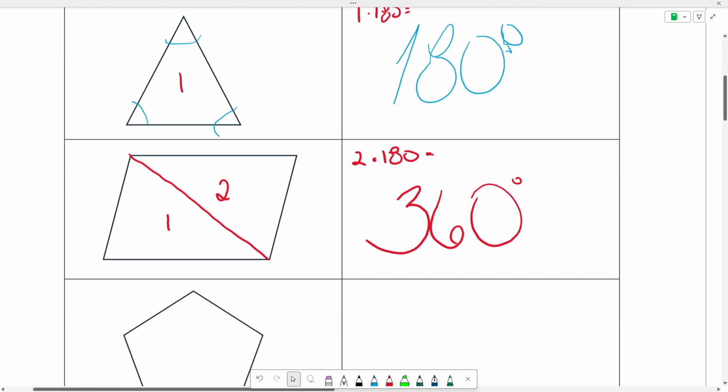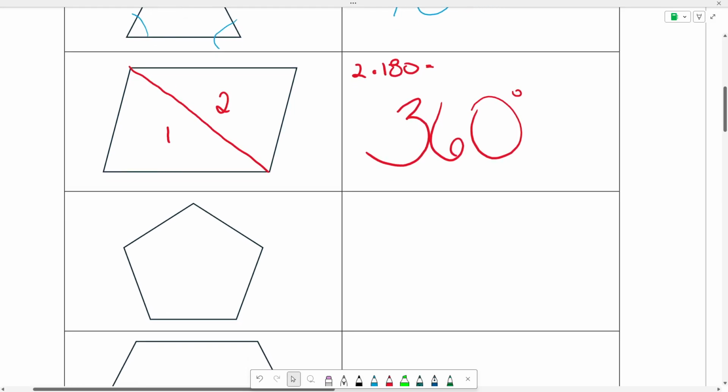Looking at a pentagon, I'm going to pick a vertex here, and I'm going to make a diagonal here. Notice I didn't go to this one because that's a consecutive vertex, so I have to go to a non-consecutive one. Going from the same vertex, I go down here.